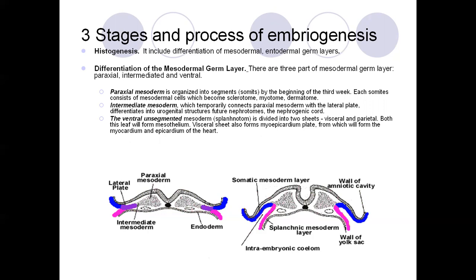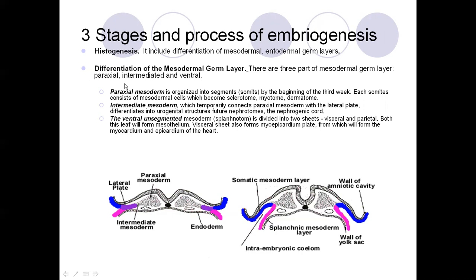Myotome will produce muscle tissues, especially skeletal muscle of the body, hands and legs. Dermatome will produce the dermis of the skin.